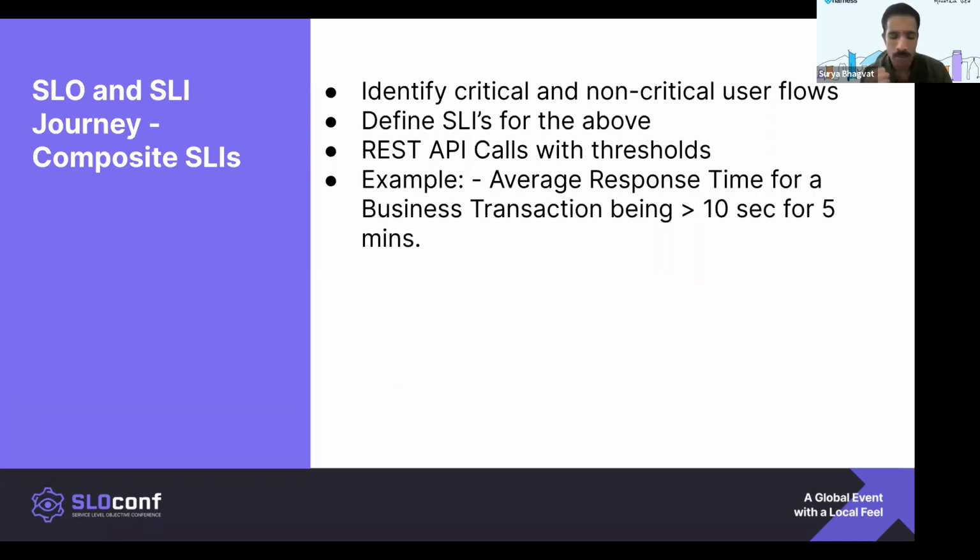For example, when someone is doing a deployment or a pipeline execution, if the average response time for that individual business transaction is, say, 10 seconds for a period of 5 minutes, that means we probably are having a major outage. But if the dashboard is loading slowly, we do take it as an incident, but we report it as a partial incident.